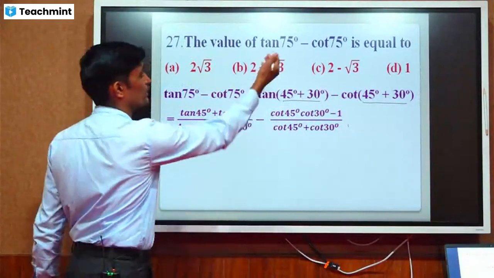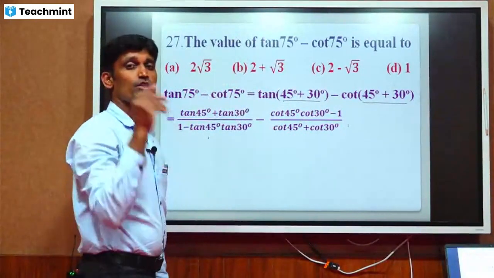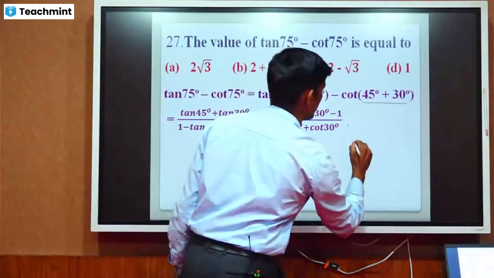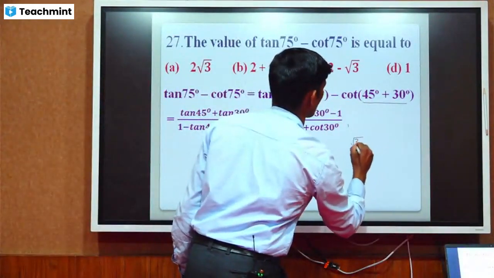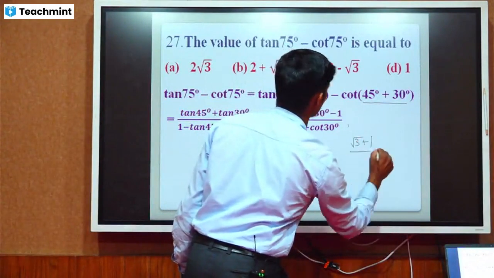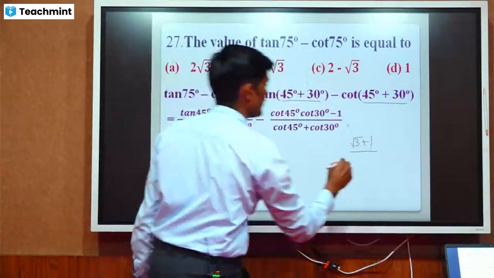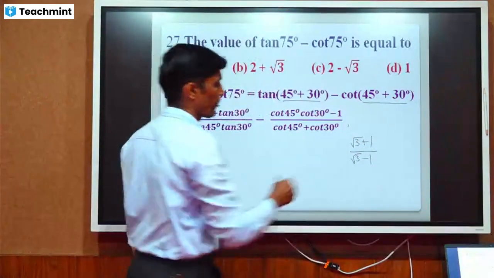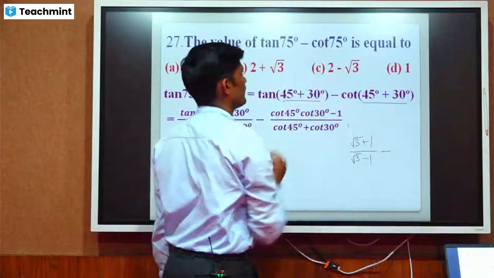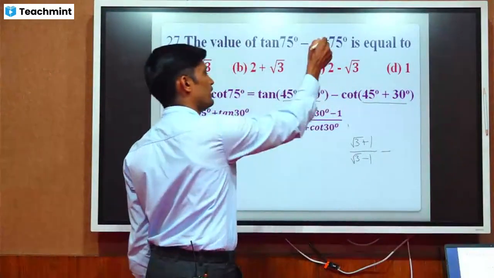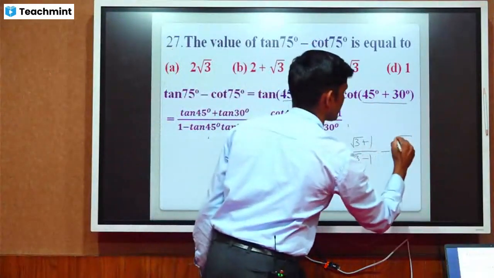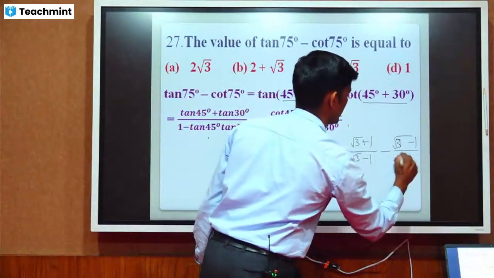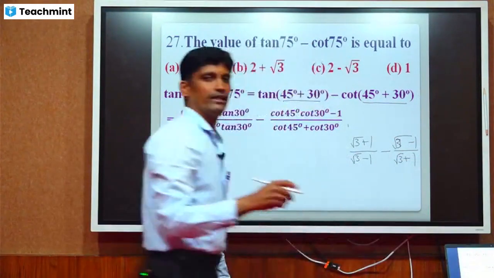This can be made use of, and we can put the values here, simplify and get it. Instead of this, if you know the value of tan 75 degree, which is equal to sin 75 degree divided by cos 75 degree, sin 75 is root 3 plus 1 divided by 2 root 2, and cos 75 degree is root 3 minus 1 divided by 2 root 2. Minus this, cot 75 degree is cos 75 degree by sin 75 degree, root 3 minus 1 by 2 root 2 divided by root 3 plus 1 by 2 root 2.